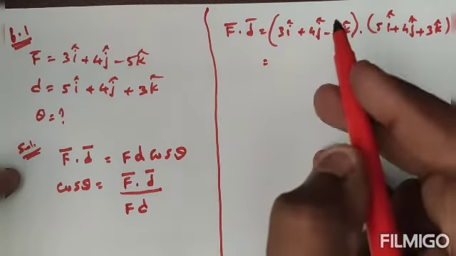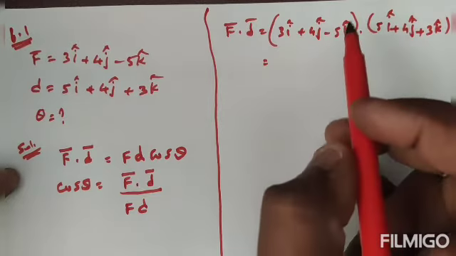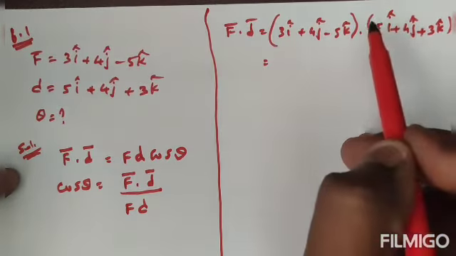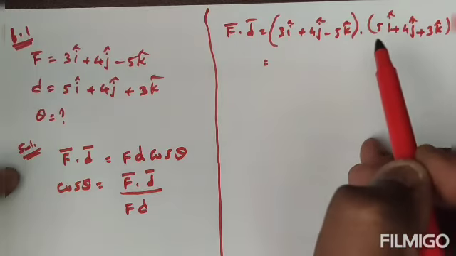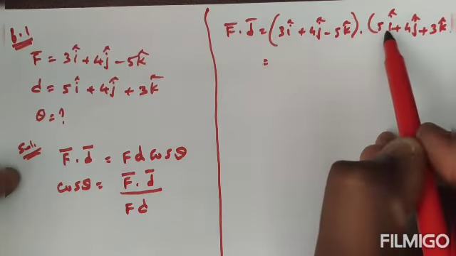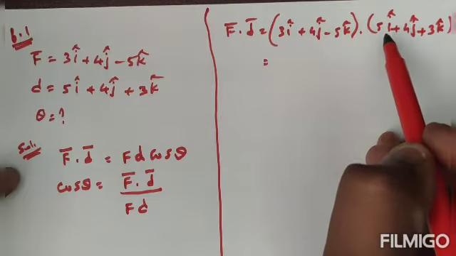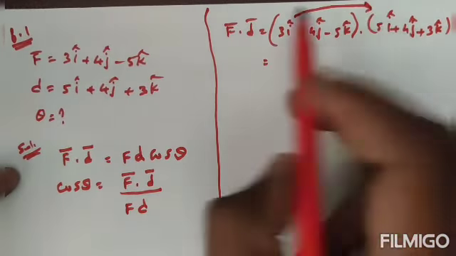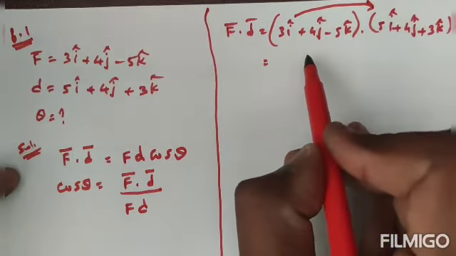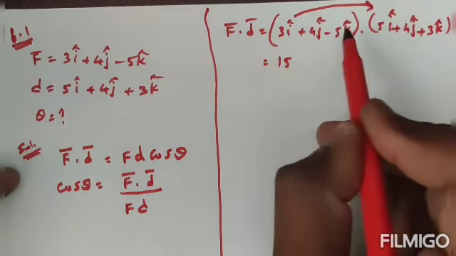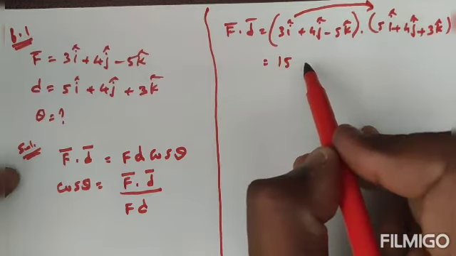So we multiply only î with î, ĵ with ĵ, and k̂ with k̂. First 3 î into 5 î: î dot î is 1, so 3 into 5 is 15.